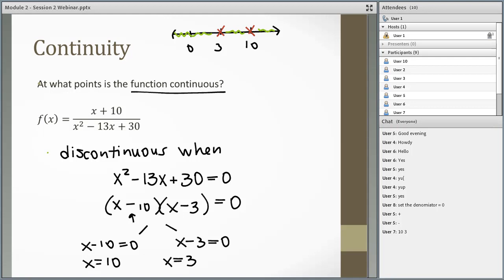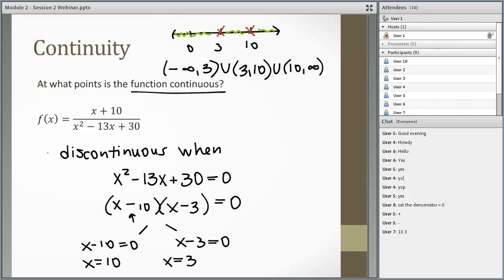So this kind of goes back to the first webinar. The first interval is from negative infinity up to 3. And we would use a parenthesis, because remember the bracket represents being included, and we can't include 3 because that's where it's discontinuous. And then we use the union, and then the interval from 3 to 10. And again a union, and then the interval from 10 to infinity.